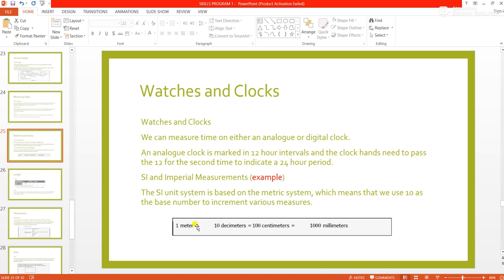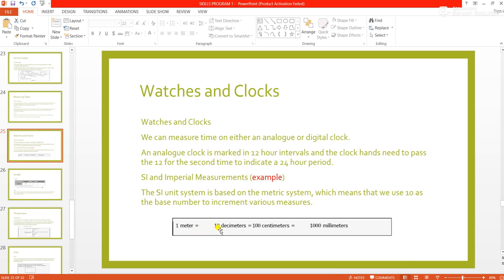From 1 meter to centimeters, you times that by 100. From 1 meter to millimeters, you times that by 1,000. If you want to do the inverse, you have to divide by 1,000. From millimeters to meters, you divide that by 1,000.